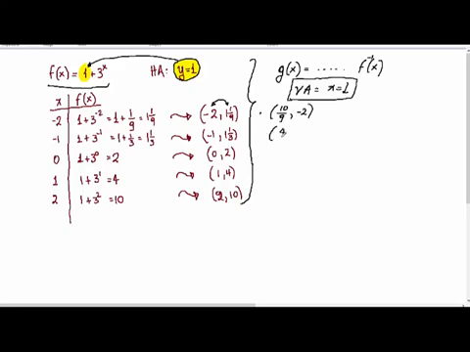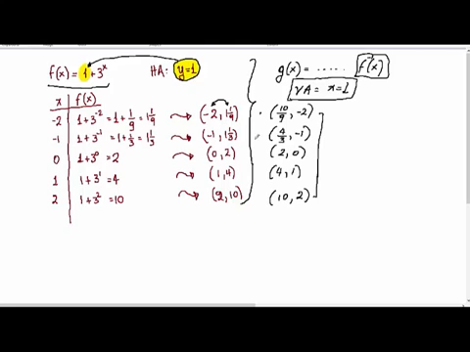This is going to be 4/3, comma -1. This is going to be the point 2, 0. This is going to be the point 4, 1, and this will give me the point 10, 2. I just changed the y-values to become the x-values and the opposite. So now, if I connect these points, these points will give me the curve that is nothing else than the inverse of the initial function.